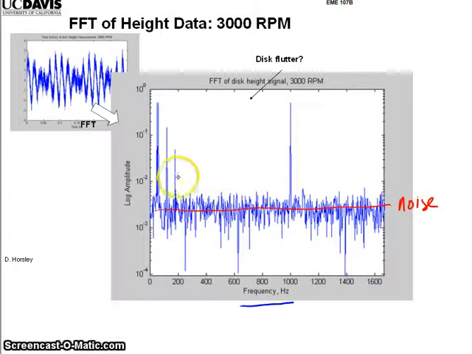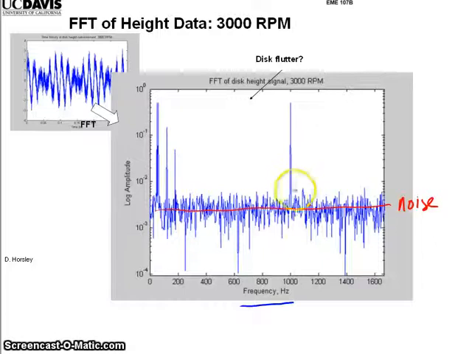Then there are some spikes, and these spikes correspond to sine waves. Everybody knows hopefully what a Fourier series is: fitting a waveform with a series of sinusoids, and the fast Fourier transform is basically the same thing.